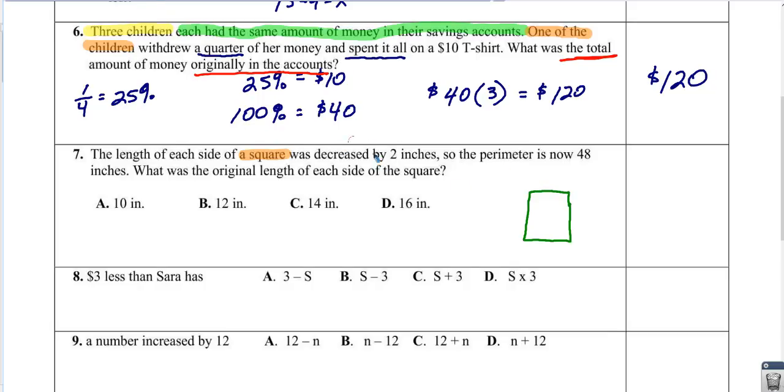They decreased by 2. So we know that they went through and they subtracted 2 from every side. And after they did that, they got a perimeter of 48. Since all the sides are the same length, we can divide the 48 by 4, and we can see that each side is 12.